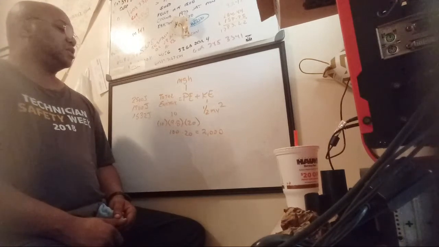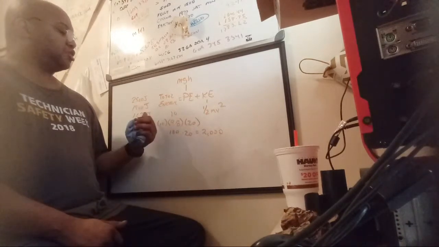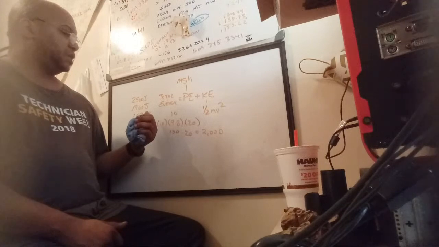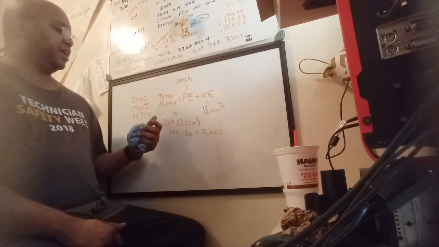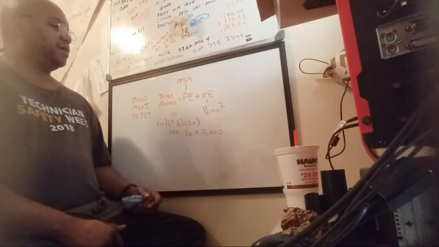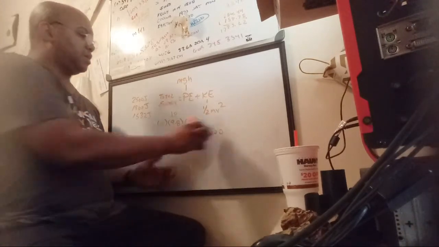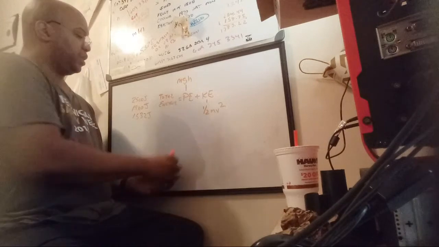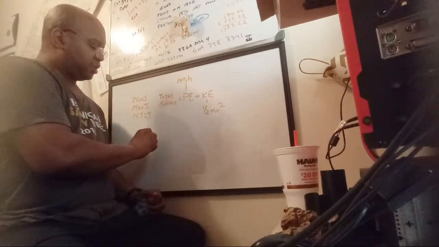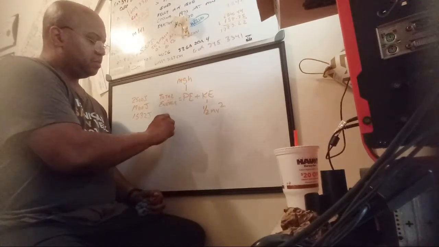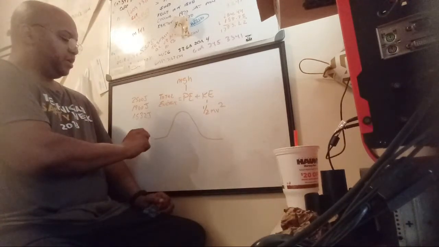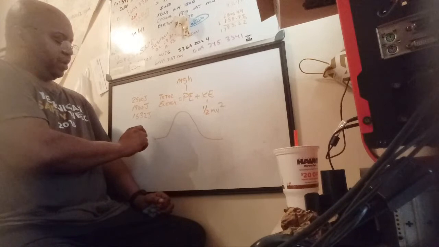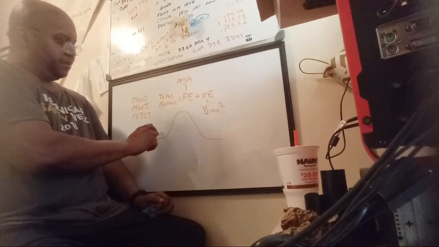So potential energy deals with energy associated with height. To give you another example, when we're dealing with a roller coaster and it goes over a hill, down here, let's say we have 2,000 joules of energy.